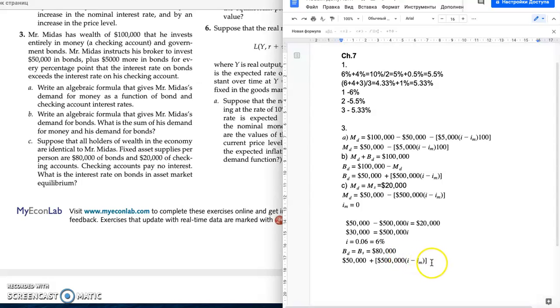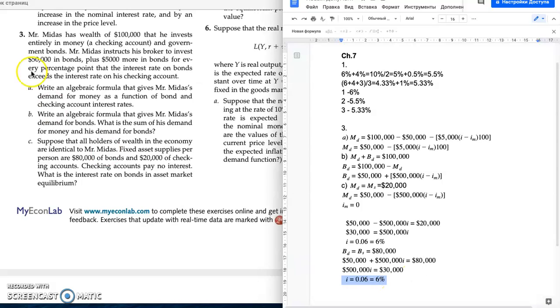Again, checking accounts pay no interest, which is 0, so we will have only I. We have the same equation at the end, and our interest rate on bonds in asset market equilibrium is also equal to 6%.